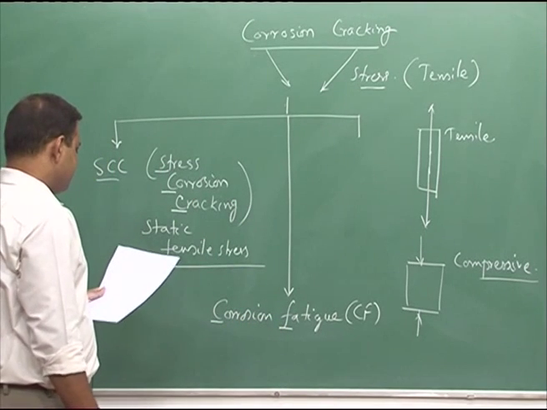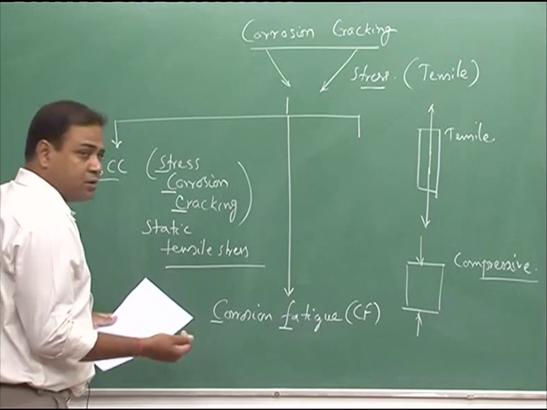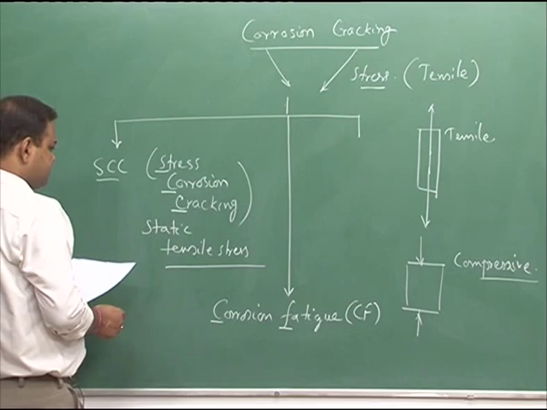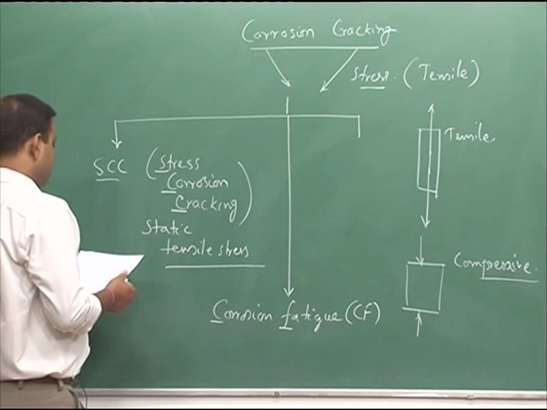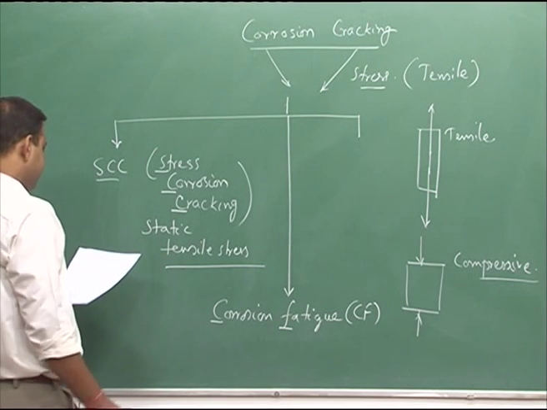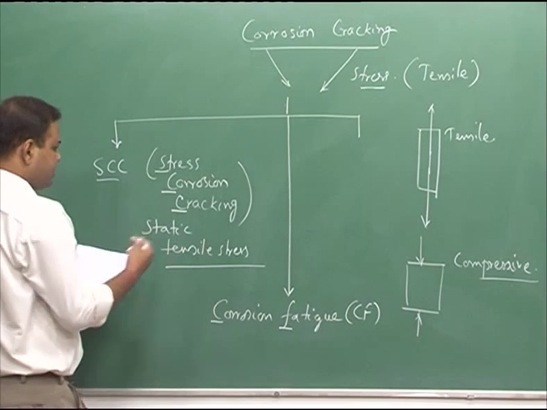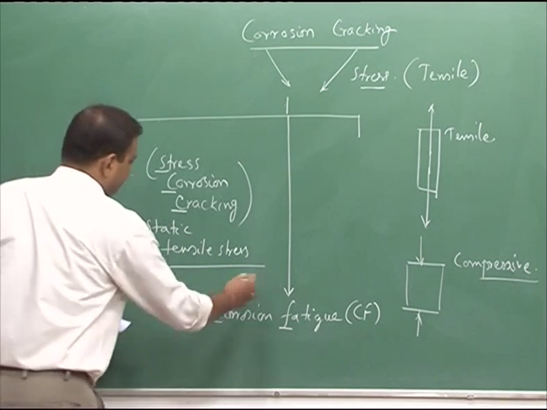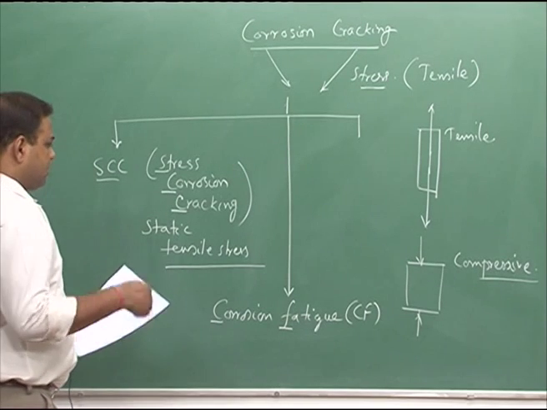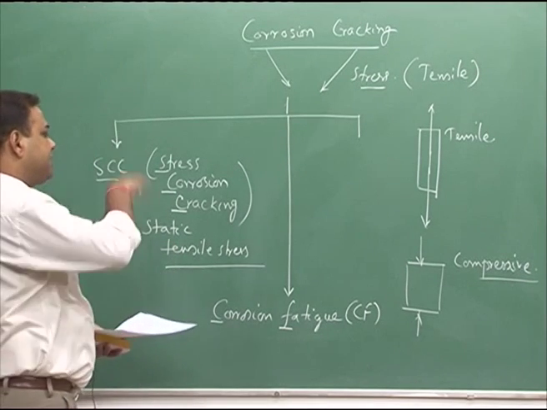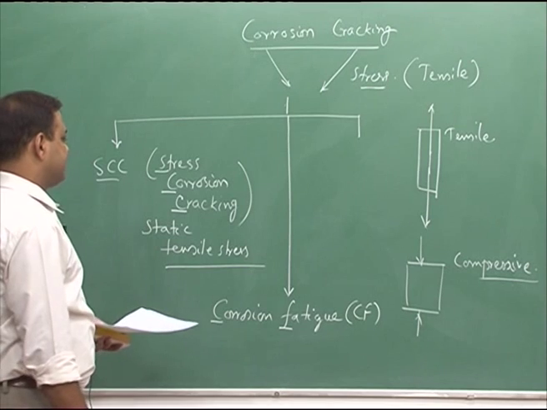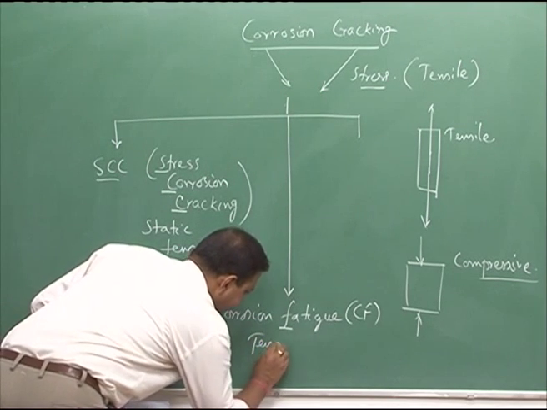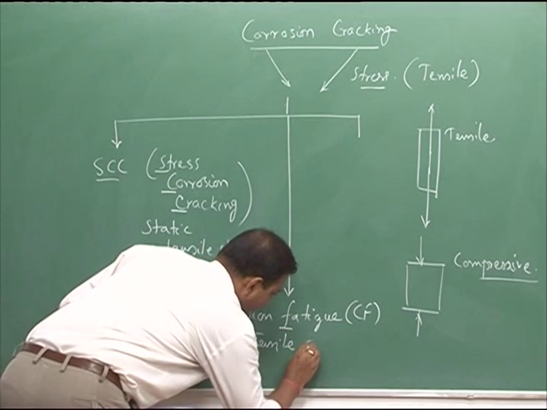It involves corrosion plus alternate or cyclic stress, a cyclic tensile component, or alternate stresses, and mainly this is coming from the tensile component in that cyclic stress cycle. So, this also involves a tensile component.